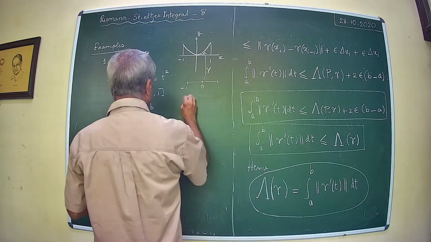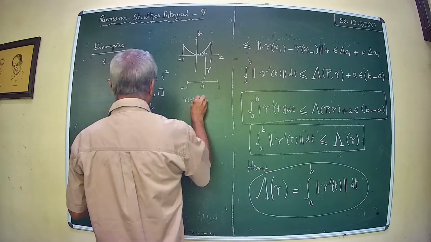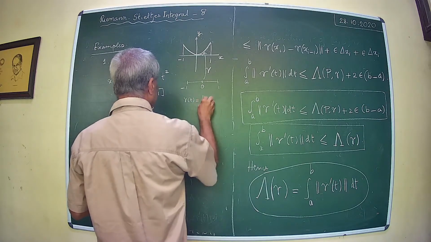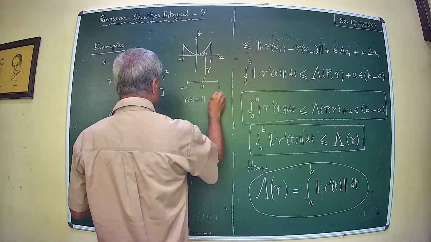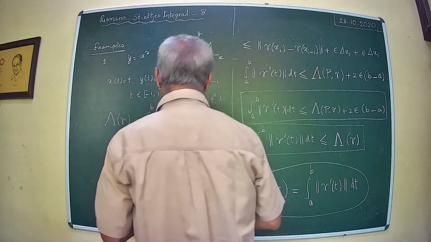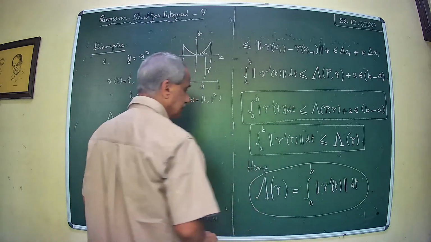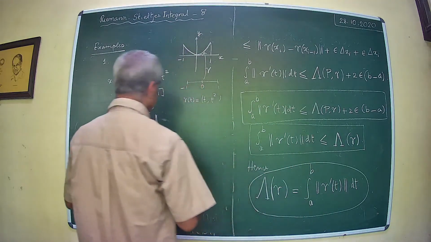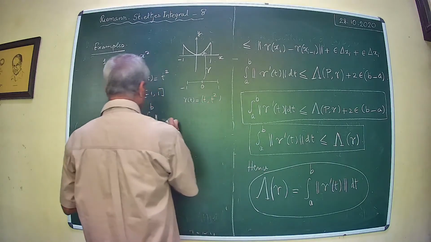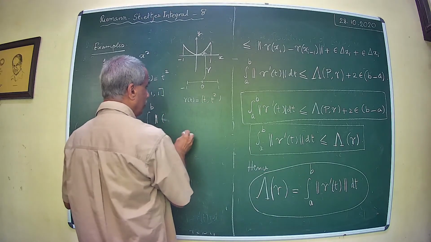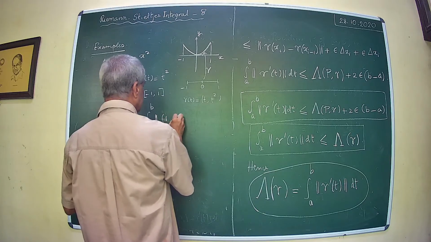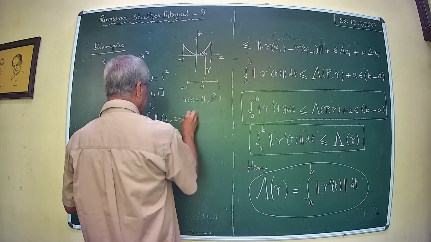See, this is gamma t. Gamma t is equal to t square. Okay. So gamma prime t is the norm of 1, 2t.